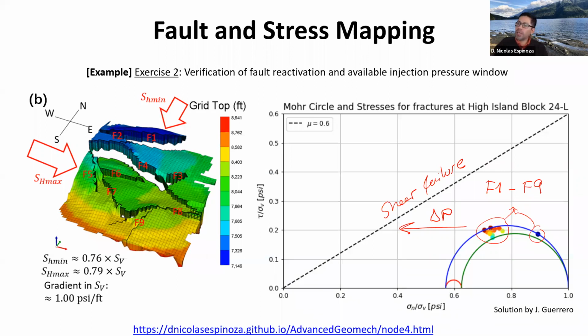Some of these blocks, let's pick this one, might be a beautiful, very clean sand with very high permeability, but if it is too compartmentalized, if the faults adjacent to it are sealing the compartment, there is not much fluid I can inject because the brine cannot go anywhere.